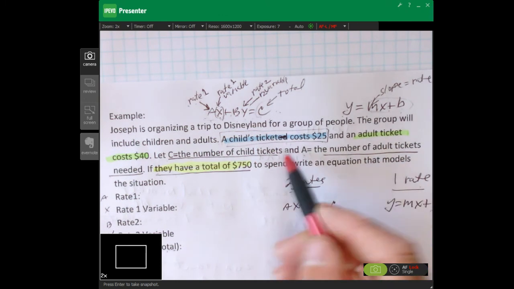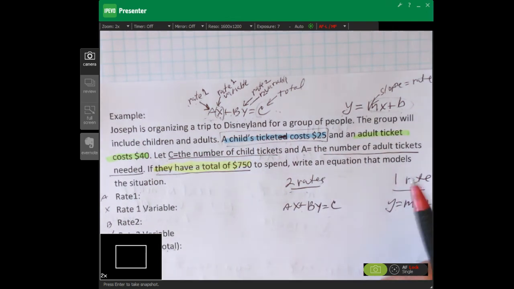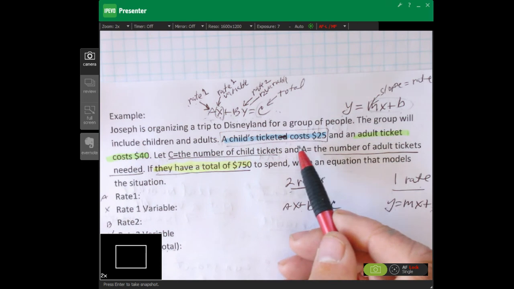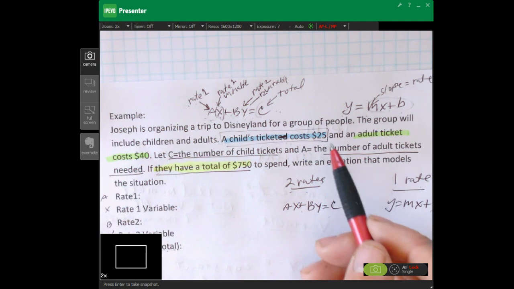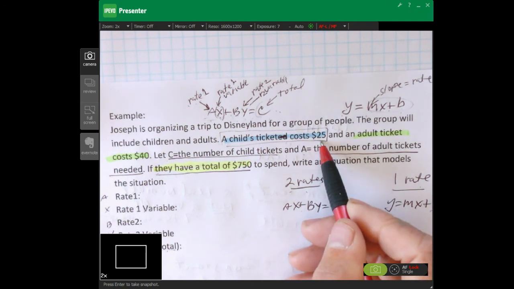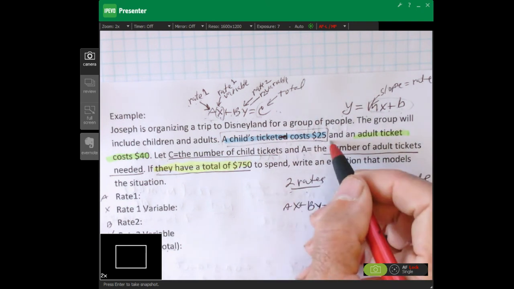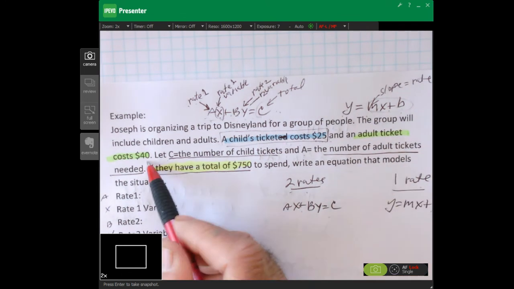Okay, so it says a child's ticket costs $25. Well, you could also say a child's ticket costs $25 for each ticket, right? So for each child's ticket it costs $25, or $25 per ticket, and it means the same exact thing. The same thing with the adult ticket.